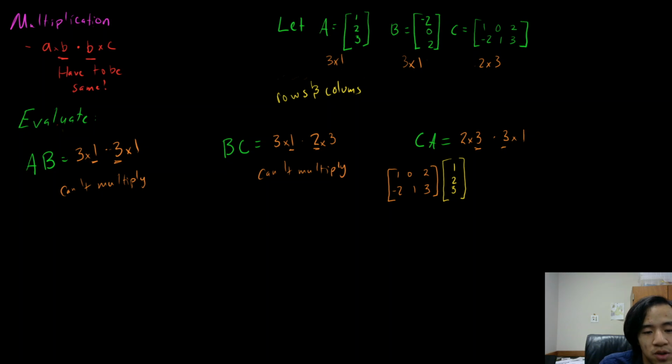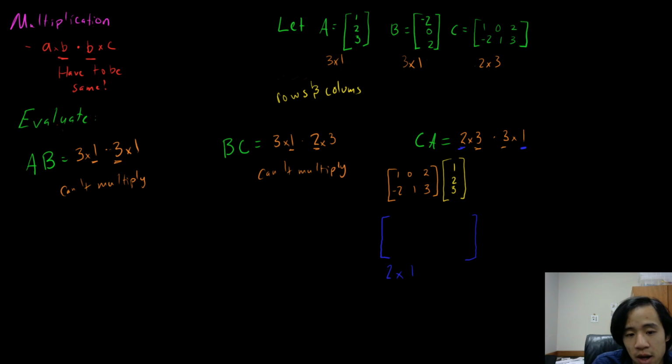So our new matrix is going to be this size, 2 by 1. So the remaining numbers that aren't in the middle of the size, this is going to be the size of the matrix, 2 by 1.